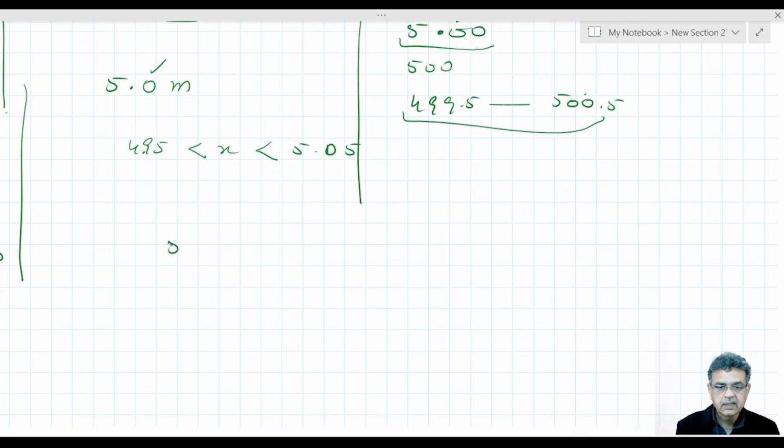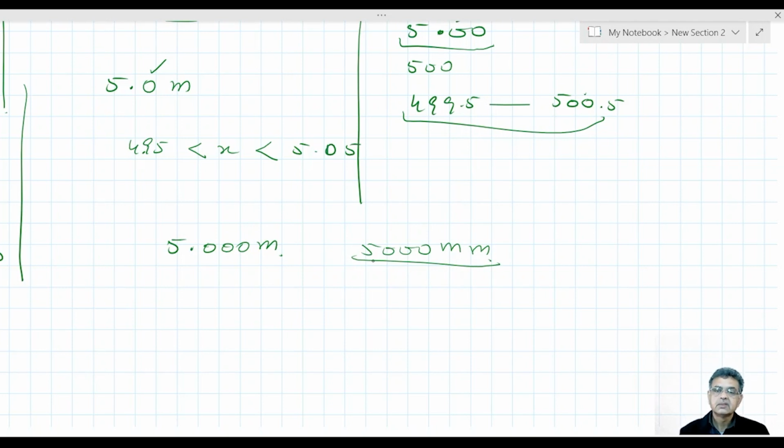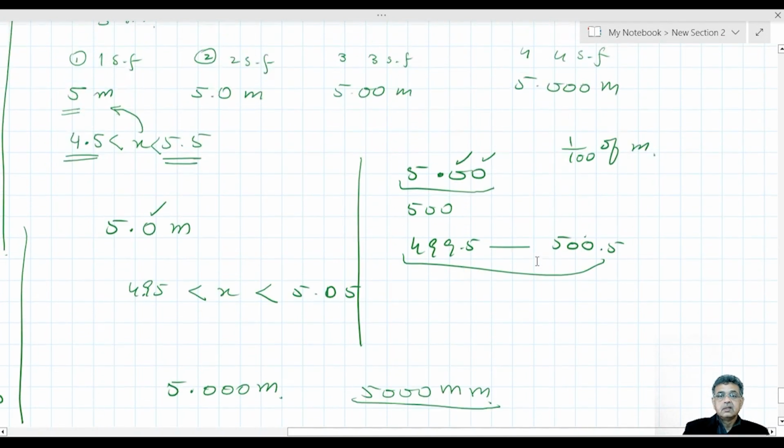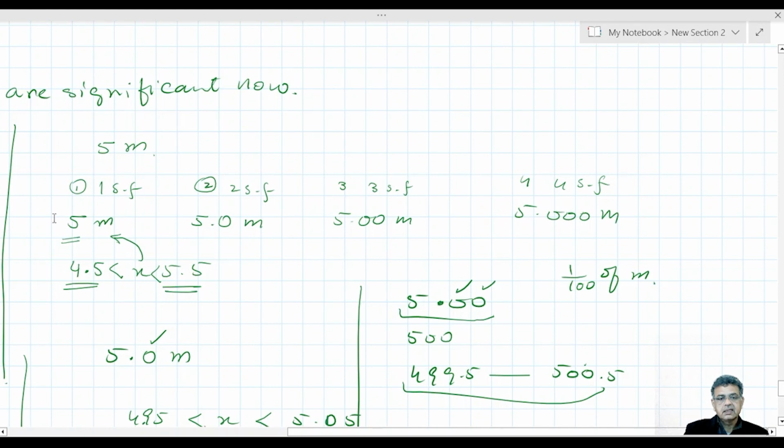And if it is 5.000 meter, that is equal to 5000 millimeters, so it is rounded off correct to 1 millimeter. Its precision among all these is the best one. That is the difference this zero makes.